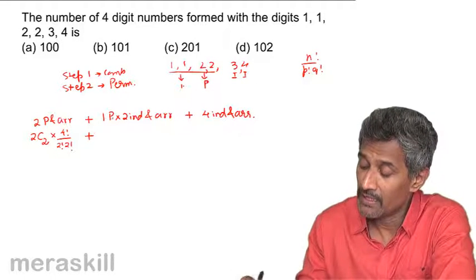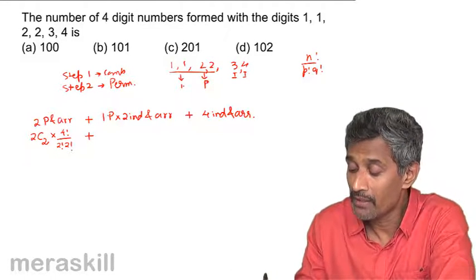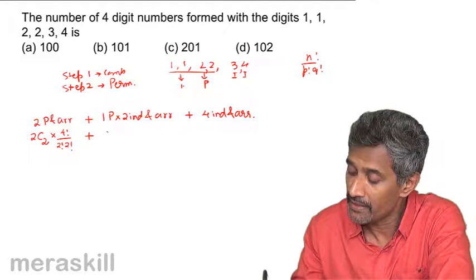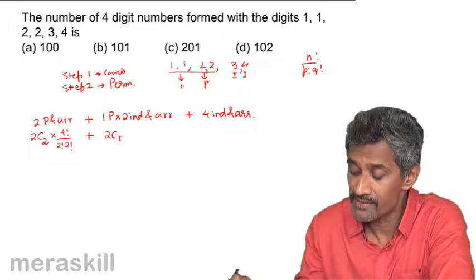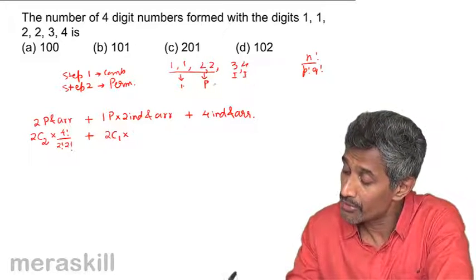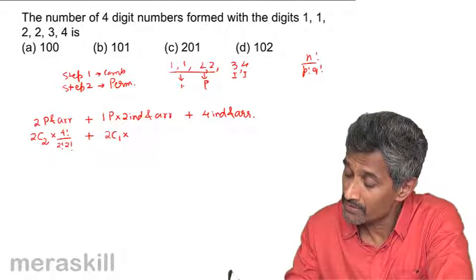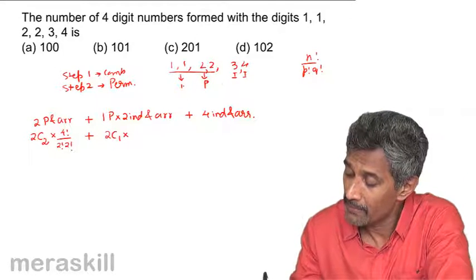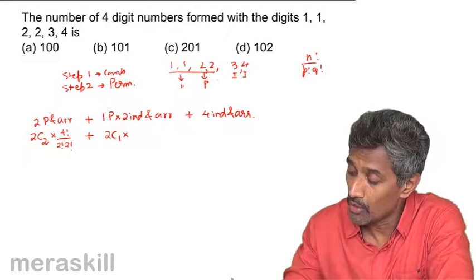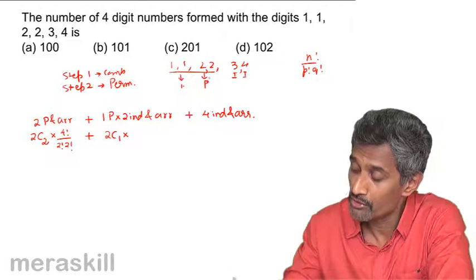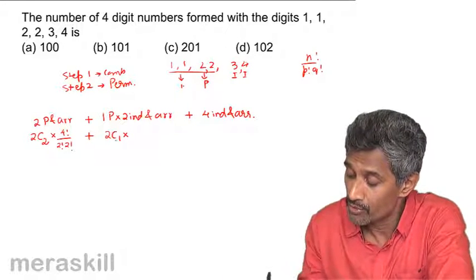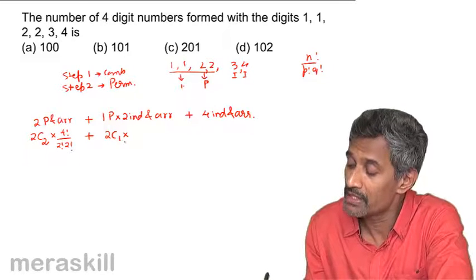The other is you are choosing 1 pair. So you're going to choose either this or this in 2C1 ways, and then you are also going to choose 2 individuals out of the other 3 individuals.